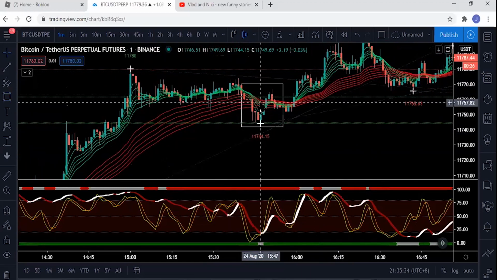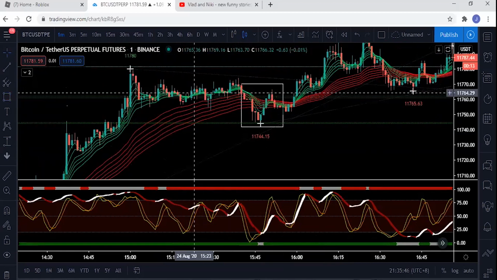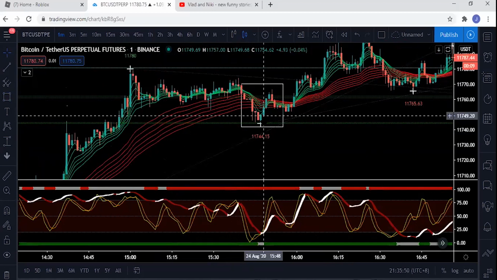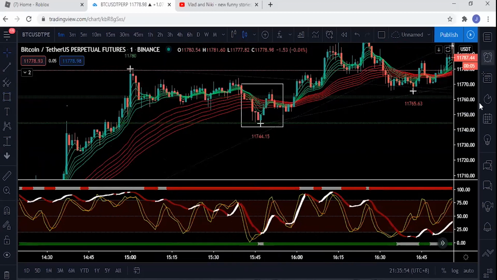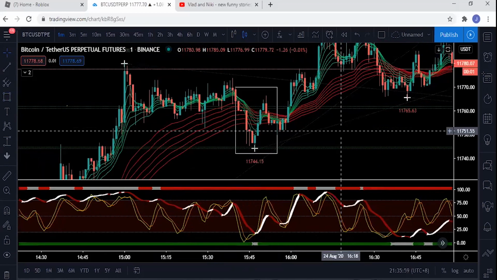This is a weak crossover or weak reversal because the ribbon should be narrow like this. This is a wide ribbon, so meaning to say this is a weak trend. This is a weak crossover. There is no fake in our ribbon.